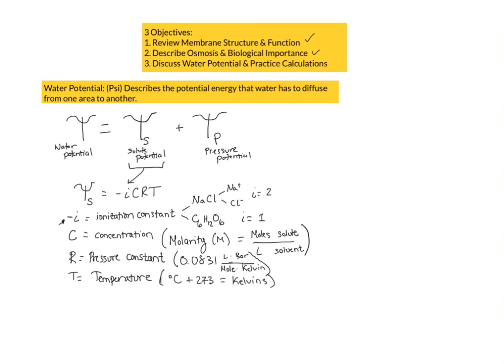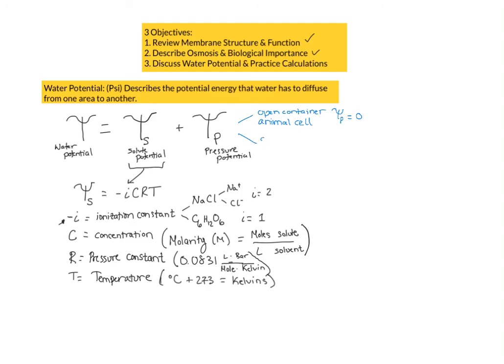But just for your reference, if you are given a problem where you have an open container, or if you're dealing with an animal cell, more often than not, the pressure potential is going to equal 0 in that kind of system. So if it's an open container, as in an experiment that I'm going to talk about later this week, or if it's involving an animal cell, psi p will be equal to 0.